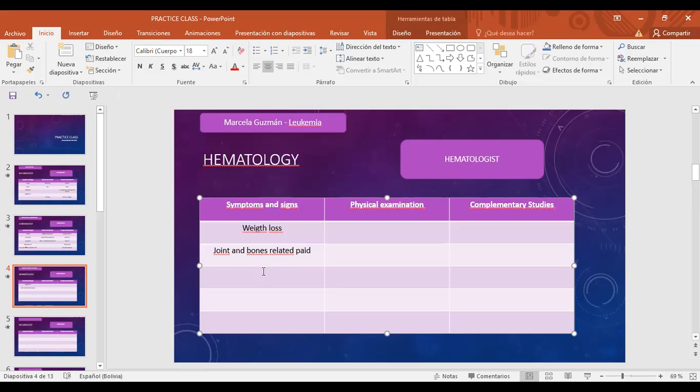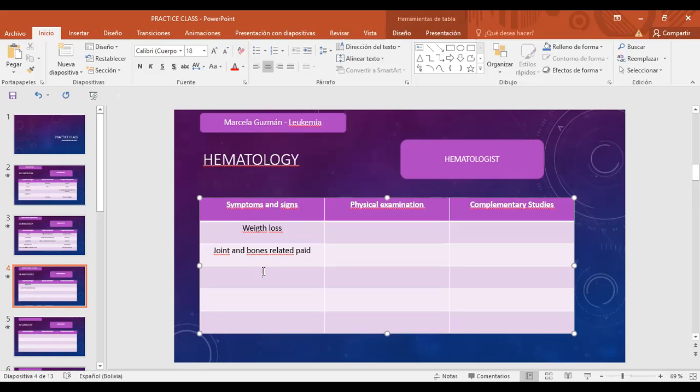Anything else? In leukemia, the white blood cells are a lot of them, right? And they inhibit the growth of the other cells. So what else would this person have?